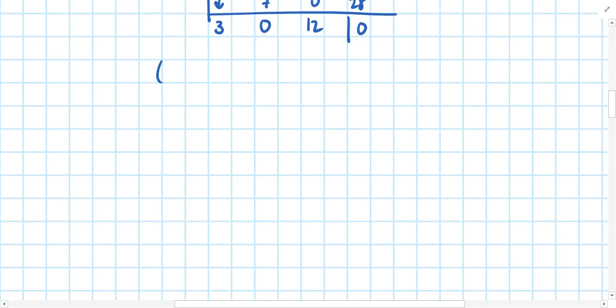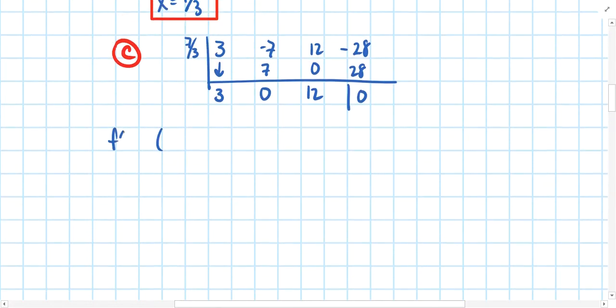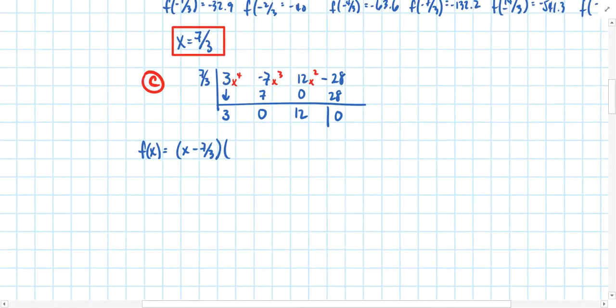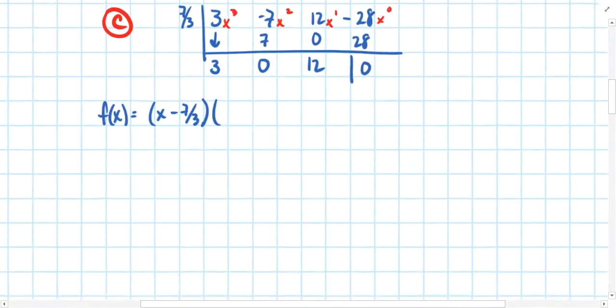We recognize that 7/3 is a zero of the function f of x. So I can write x minus 7/3 as a binomial factor of the polynomial. And these terms that remain, what was an x to the 4th power, x cubed, this was x cubed to begin with, wasn't it? x squared, x to the 1st, and technically x to the power of 0.